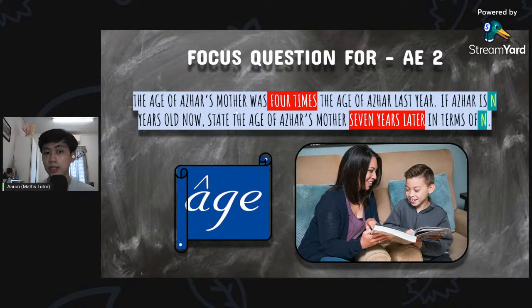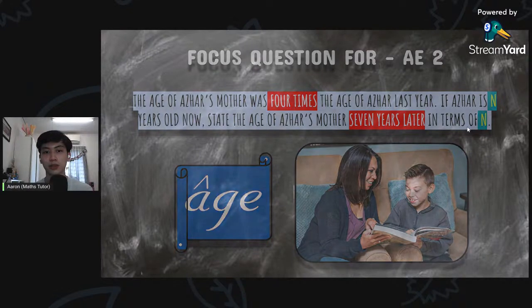So you can represent the age of mother by M. Is or was, we put an equal sign, and then 4 times the age of Azhar. That means 4 times, the Azhar just now we say we need to represent by n. So we put an n there, like how we do here.